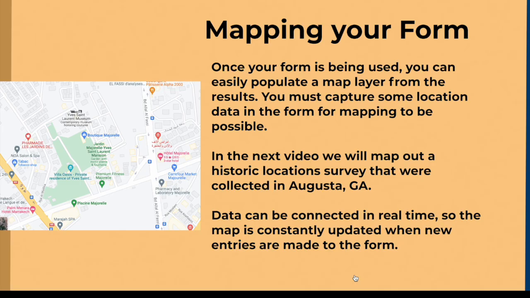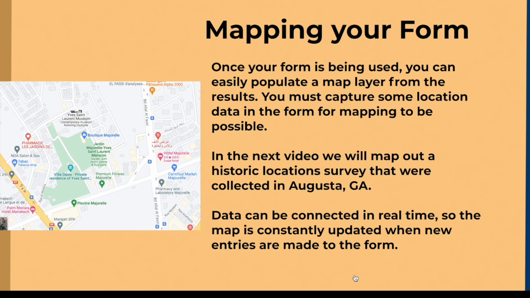In the next video, we'll map out the historic location survey that was collected in Augusta, Georgia as part of an oral history project to identify the missing historic Black locations in Augusta that are disappearing actually by the day.